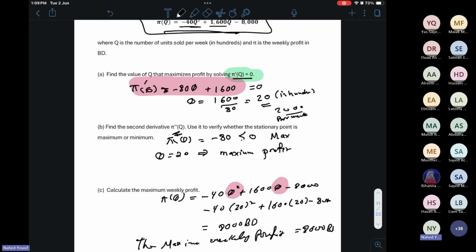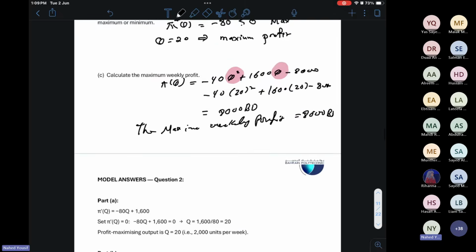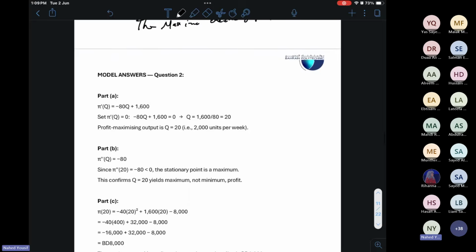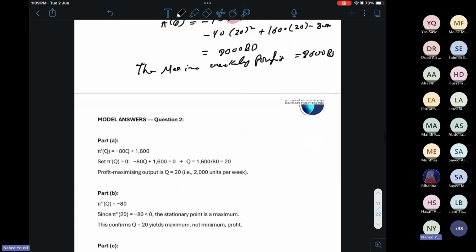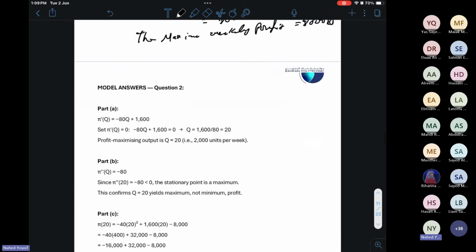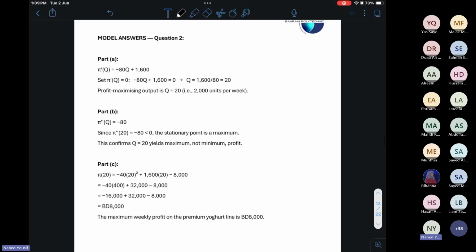Going for question 2. This is also printed for you with the solution here.